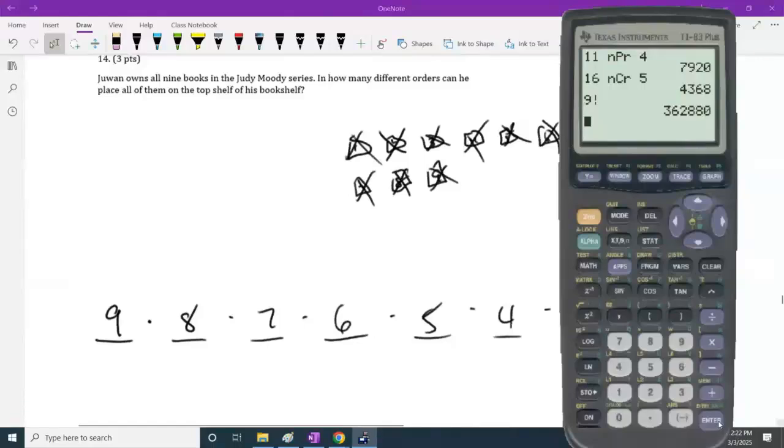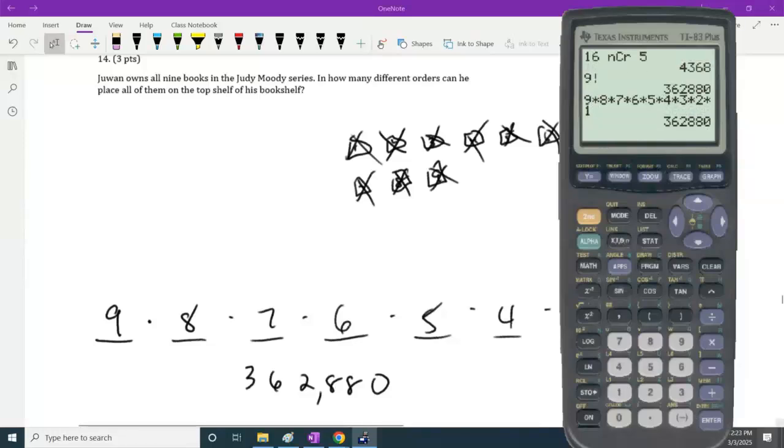And if I scroll down to that fourth function, that is 9 factorial, which is 362,880. Okay. So that'll be the same thing as me multiplying all of this stuff together, and save a lot of time, especially on the test. All right, so that's 362,880.